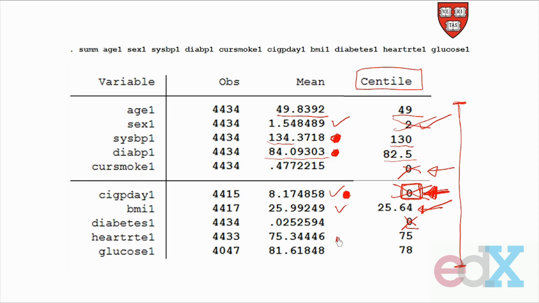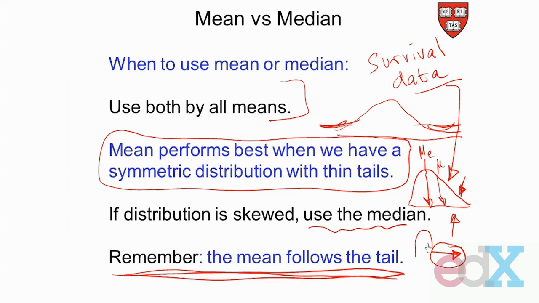The heart rate, the mean is bigger, and as is the glucose value. Remember, we have these diabetics in the group. There may only be about 2.5% of them, but they would pull the right tail up, and that would explain why we have this difference between the mean and the median.